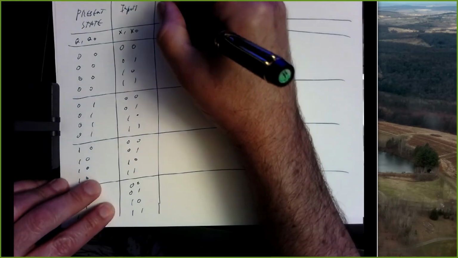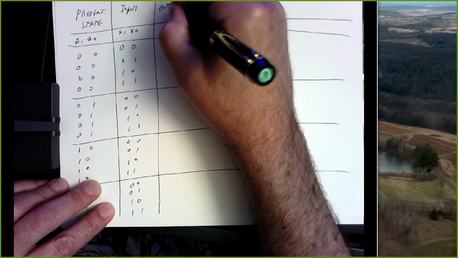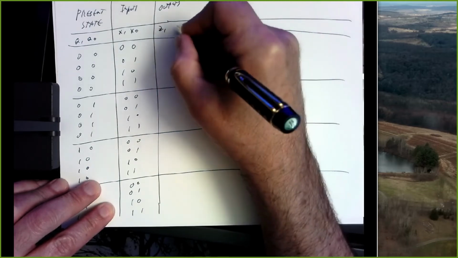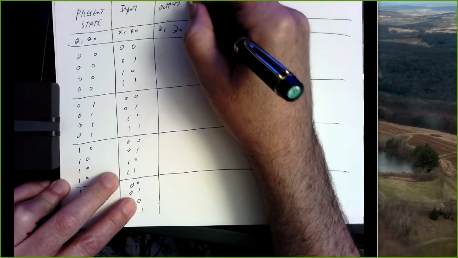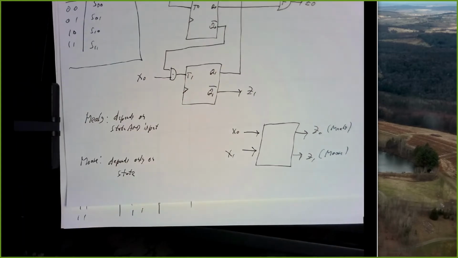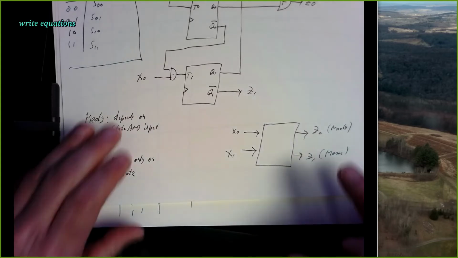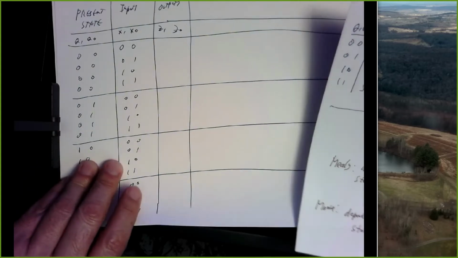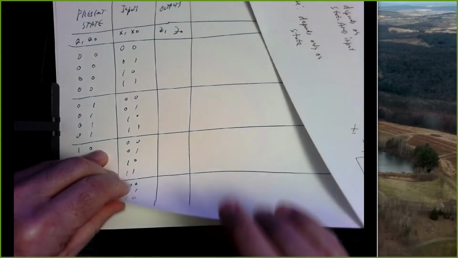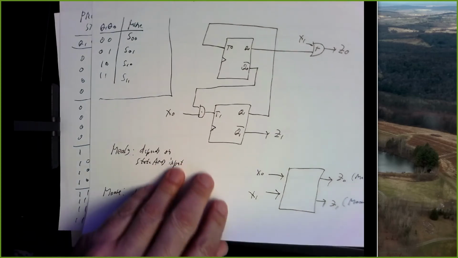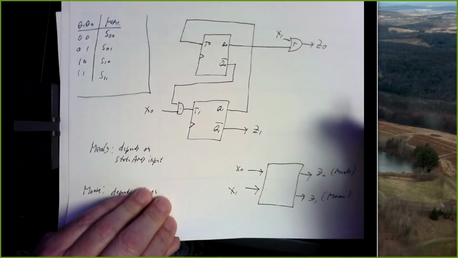And so now we can fill in our outputs. Let's figure out what Z1 and Z0 look like. Well, let's write some equations. The equations come just from looking at your circuit diagrams.